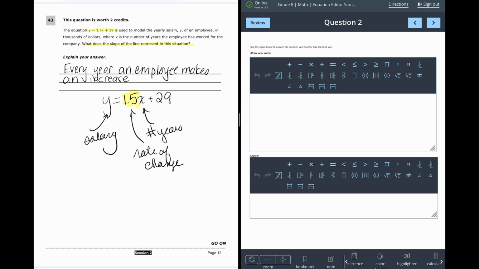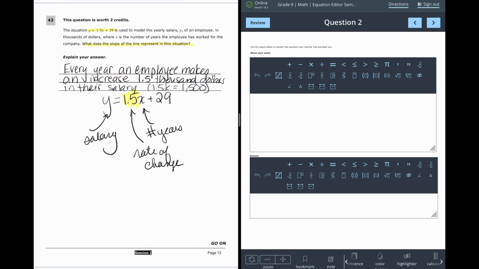It's positive 1.5. And I also know 1.5K is also equal to just $1,500.